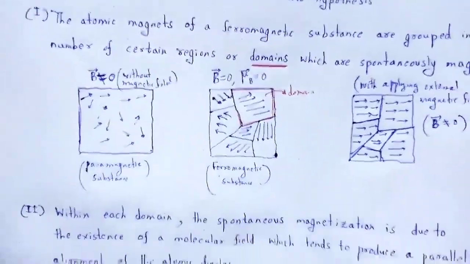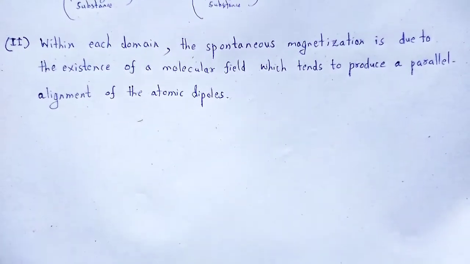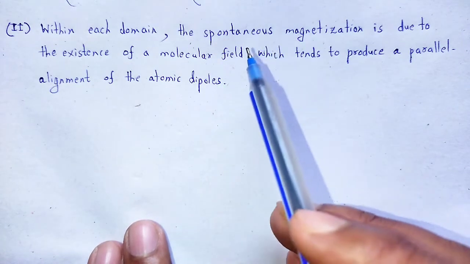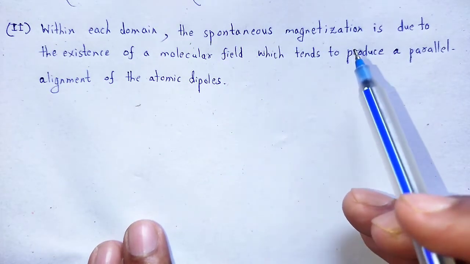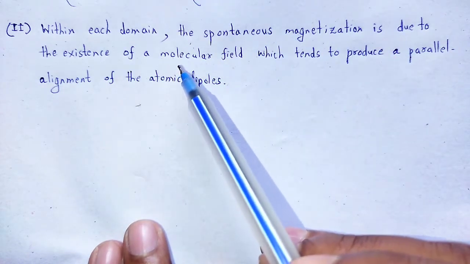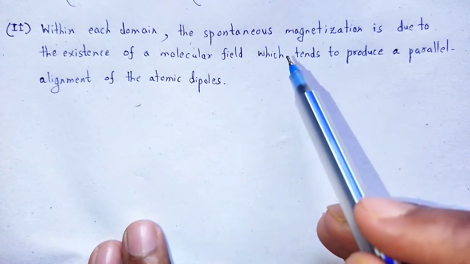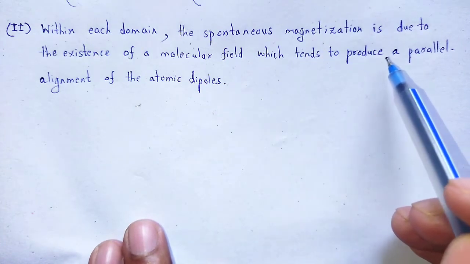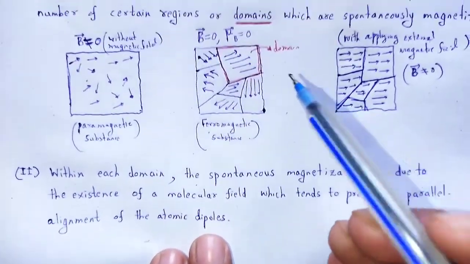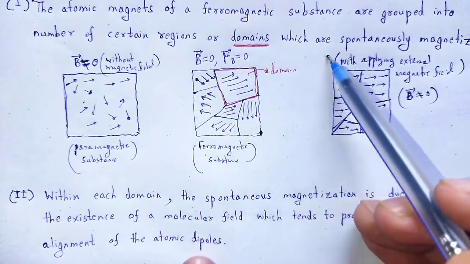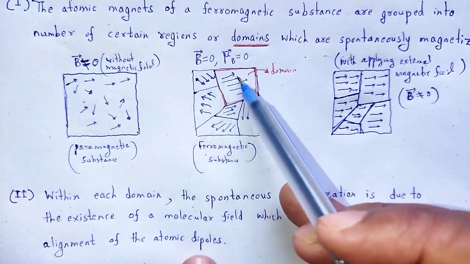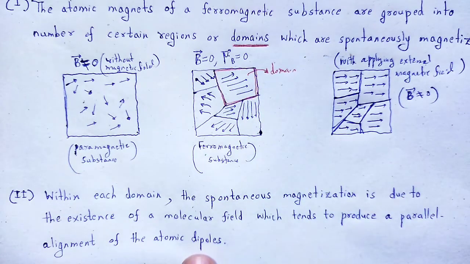Next hypothesis: within each domain the spontaneous magnetization is due to the existence of a molecular field which tends to produce a parallel alignment of the atomic dipoles. Look at the situation: inside a domain they are spontaneously magnetized, but why?